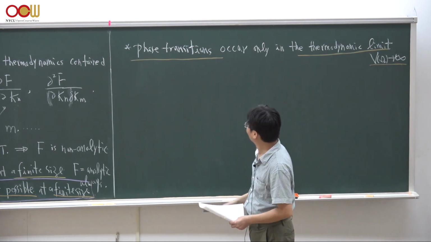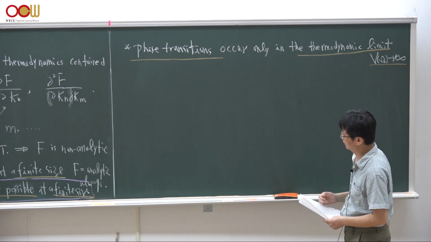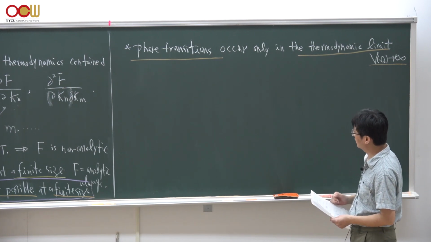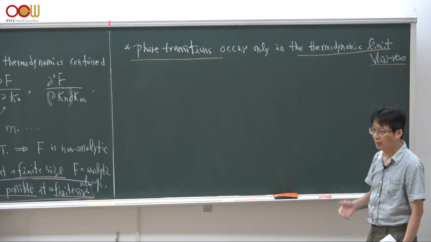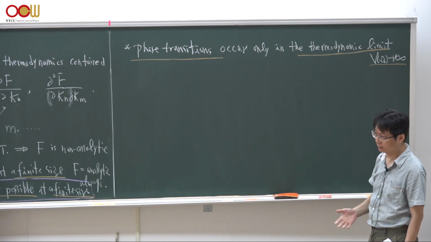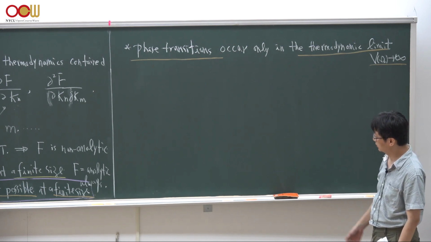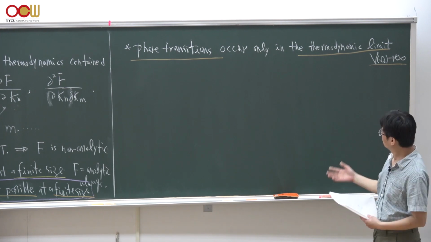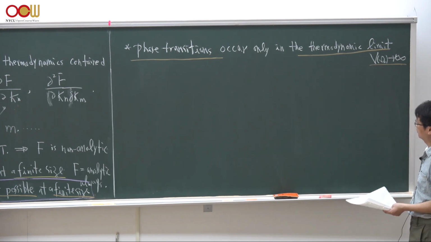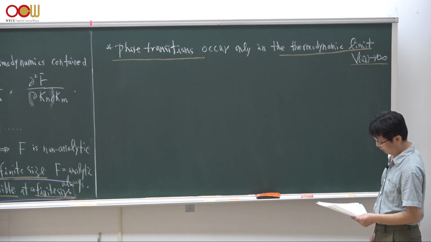This is one of the most important conclusions about phase transitions in statistical mechanics: we like to see how the free energy becomes non-analytic or singular at the transition, but this is not possible to observe at any given finite size because of this reason. Therefore, the only limit in which the phase transition can occur is when the system size becomes infinity.